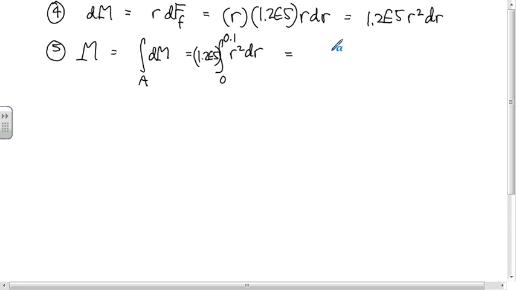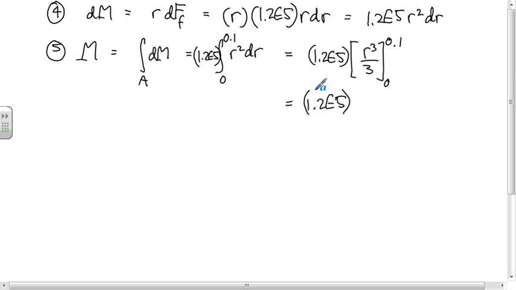And so you get 1.2 times 10 to the 5th times r to the 3rd over 3 from 0 to 0.1. And so you get 1.2 times 10 to the 5th, 0.1, so that's 0.001 over 3.